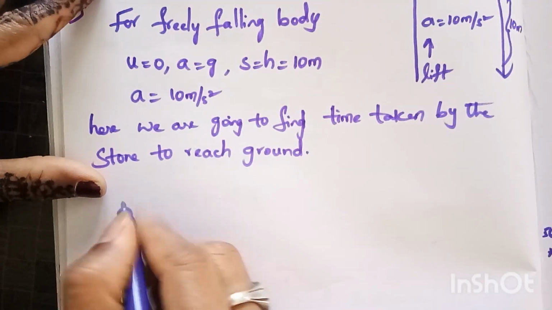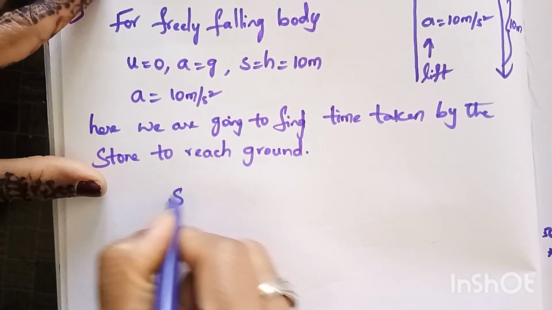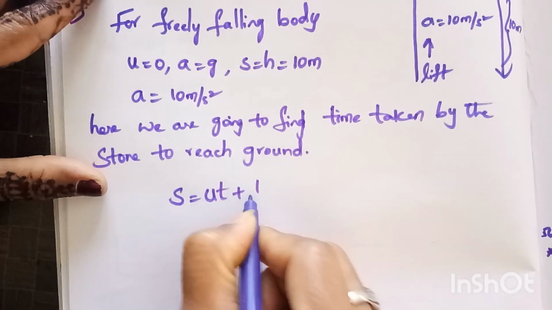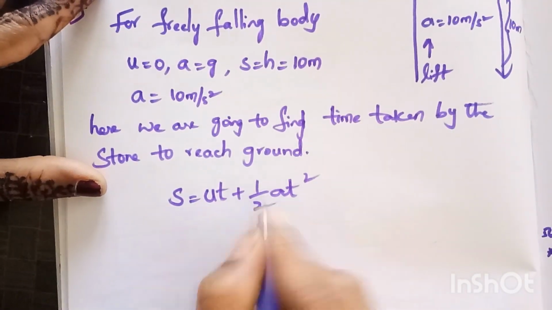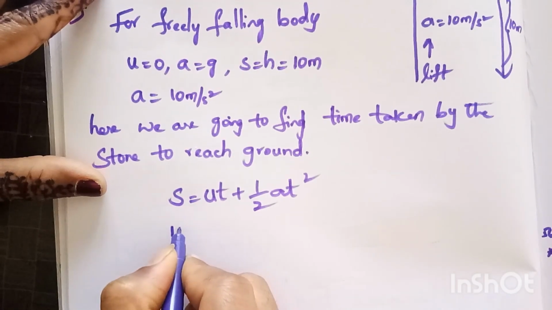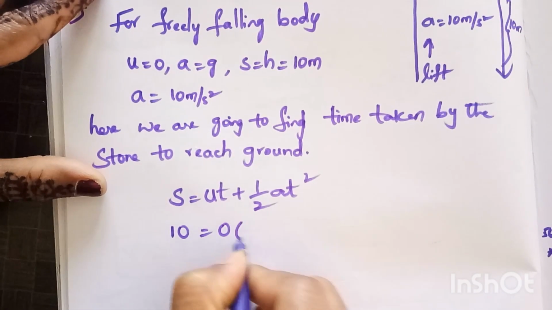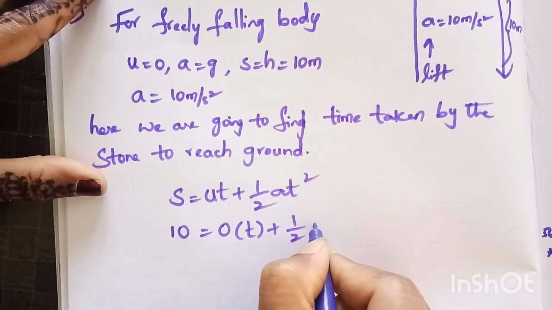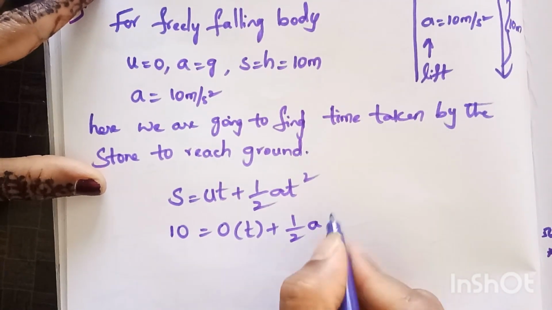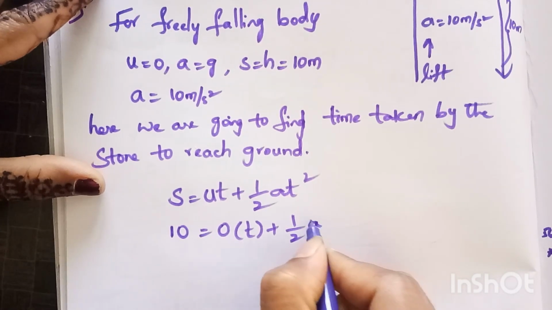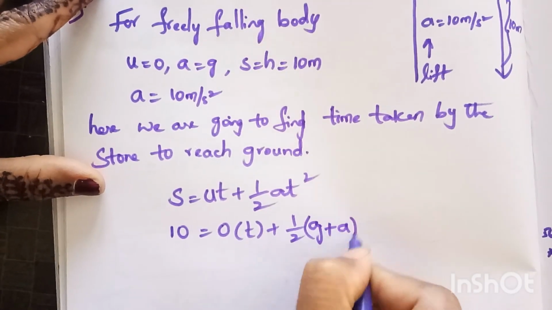As you all know, s equals ut plus half at square. Substituting these values, we want t here. So 10 equals 0 into t plus half a. A is g, but we are taking it as g plus a here.